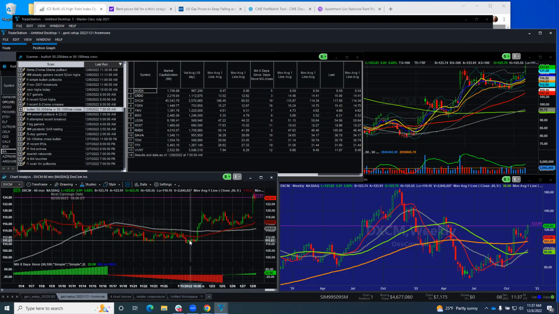And this is a tool I created, honestly, of all the things I've ever done as a developer of technical tools, this is the one that I am probably most proud of, the MAX days since, because it really allows you to, I mean, I like it. I like MA streak as well, because I have found that you actually get this of like the 10-day moving average on the S&P.